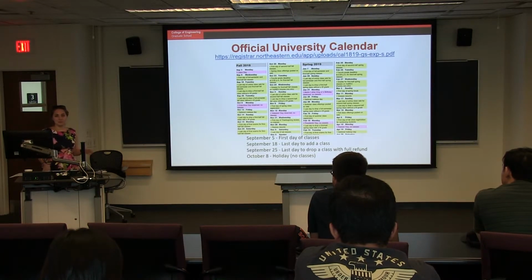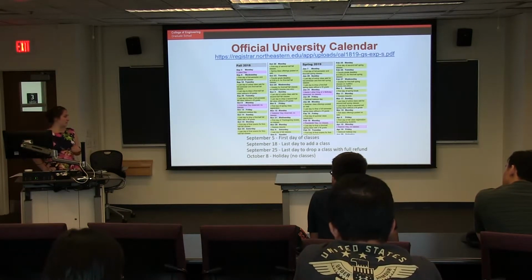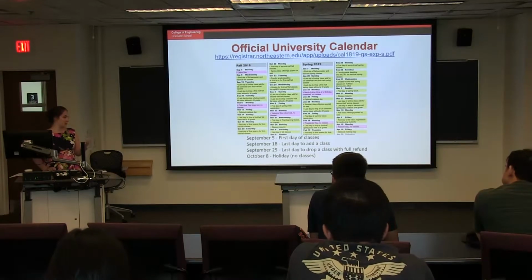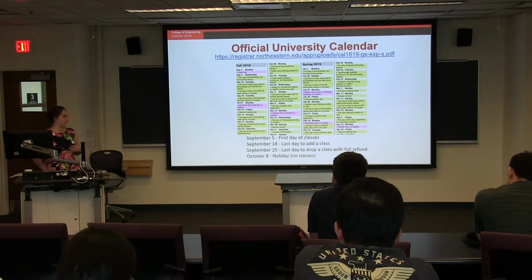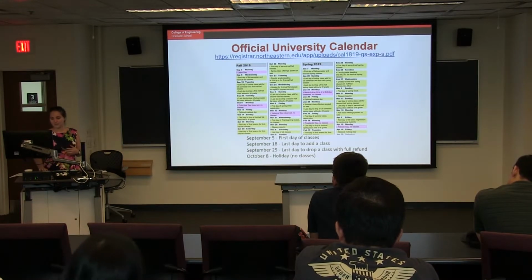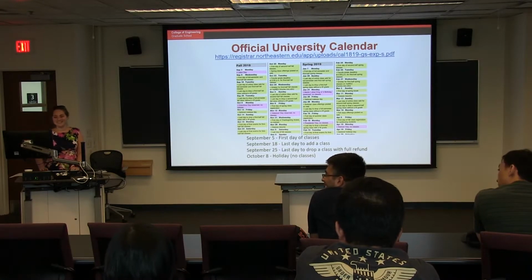The last day to absolutely add one is September 18th. And you need to make sure that if you are an international student, you're meeting your 8 credit minimum for classes. So keep those in mind. The last day to drop without a W grade is September 25th, and October 8th is a holiday. So no classes, yay. Or nay, it's a nay, right? Okay.